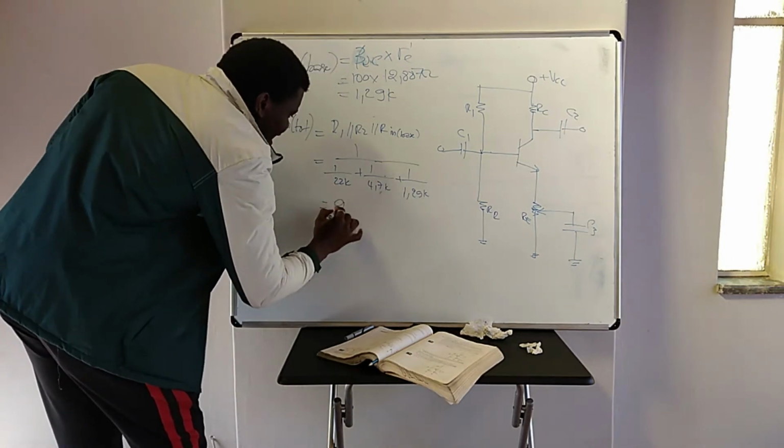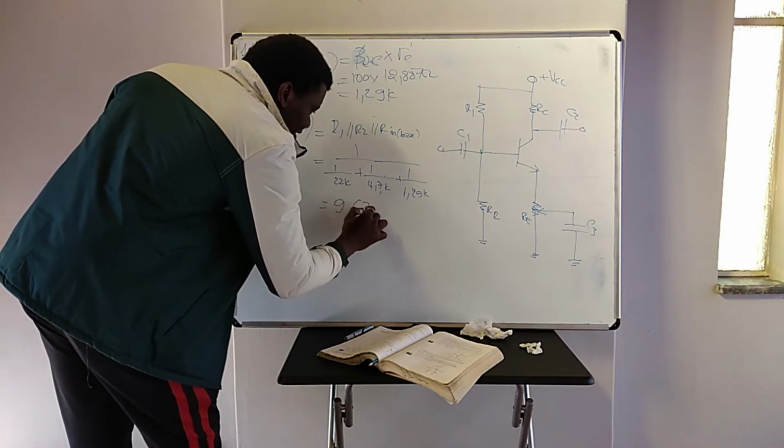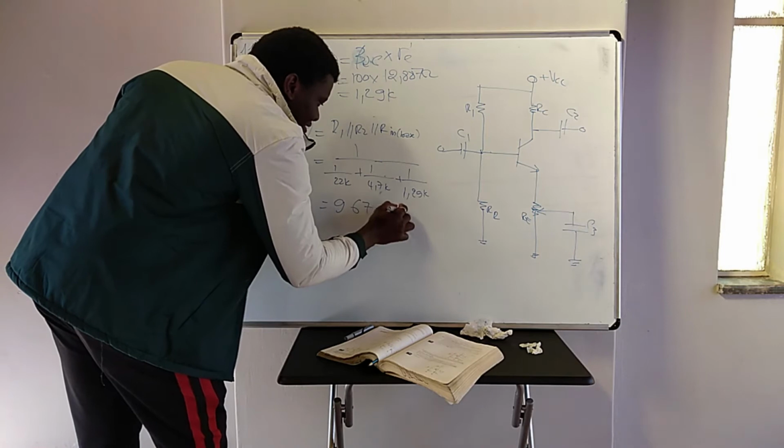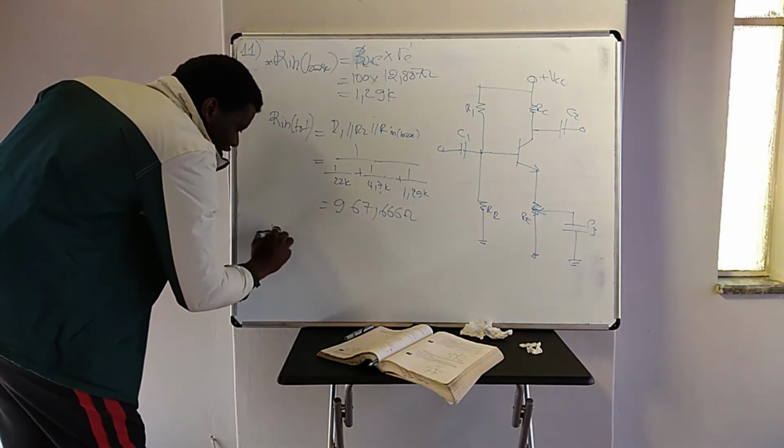So I got 9,666 ohm. So I can calculate the voltage gain now.